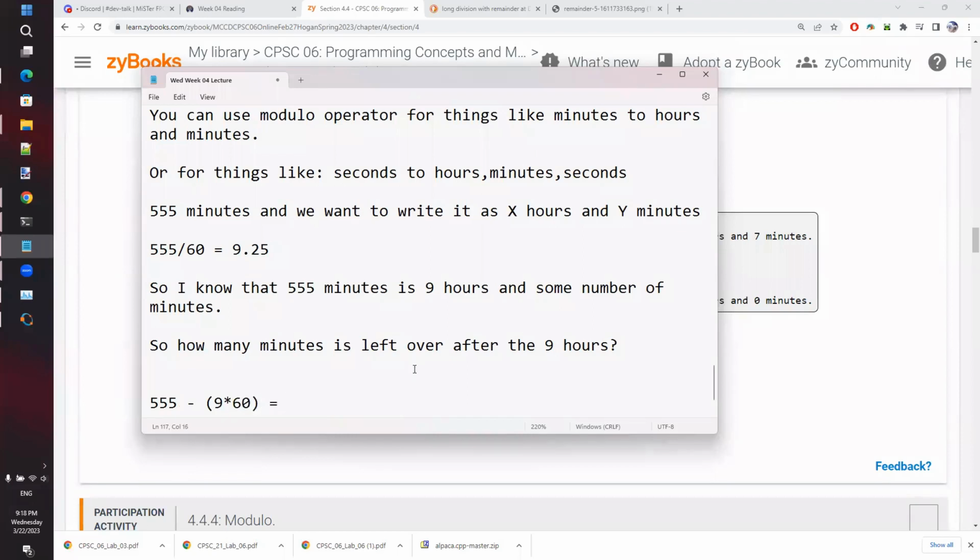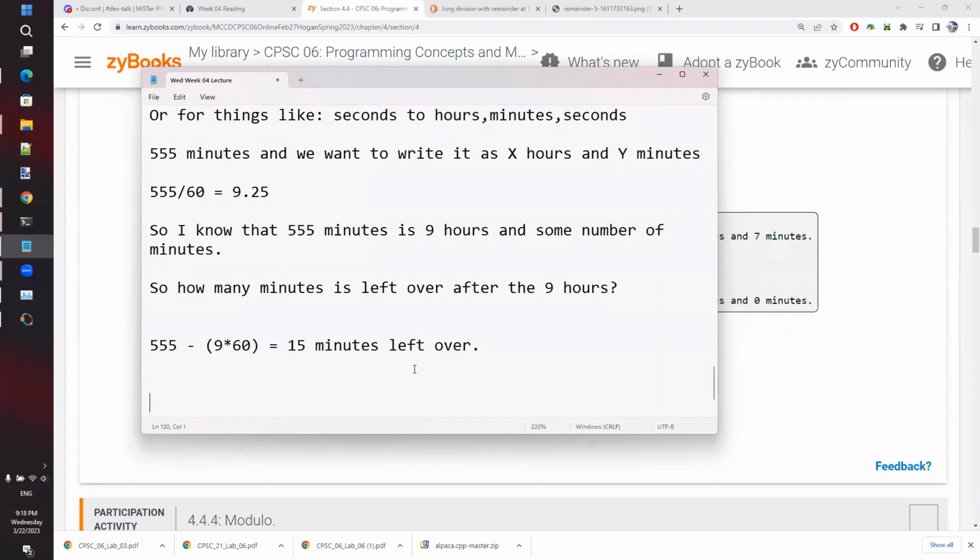I would get 555 minus 9 times 60. And when I do that, I get 15. And then I combine all my work here, and I would say that 555 minutes is 9 hours and 15 minutes. Okay? So hopefully that made sense.